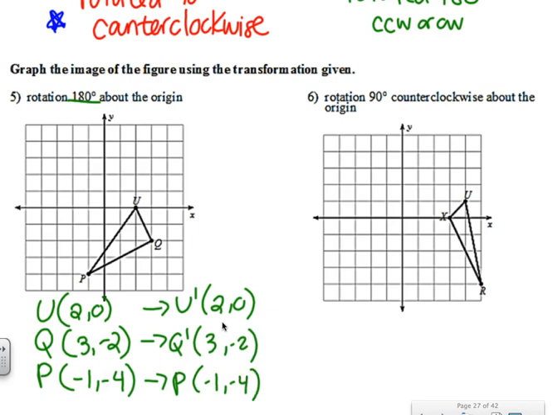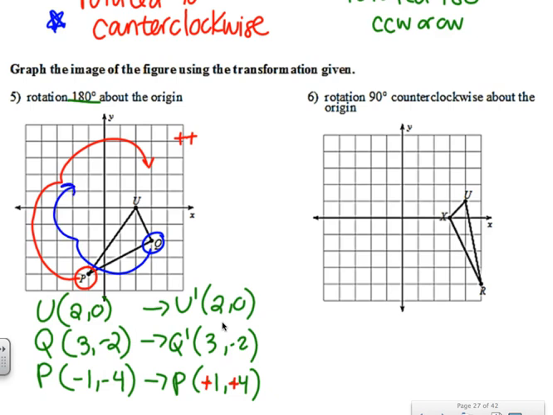Now I need to check the quadrants. So let's start with P. Okay, P goes 180. It moves 1 quadrant, it moves 2 quadrants. So it should be positive, positive. So I need to make sure and go make them positive, positive. Okay, with Q. Q is in this fourth quadrant. It needs to go 1 turn, 2 turns.